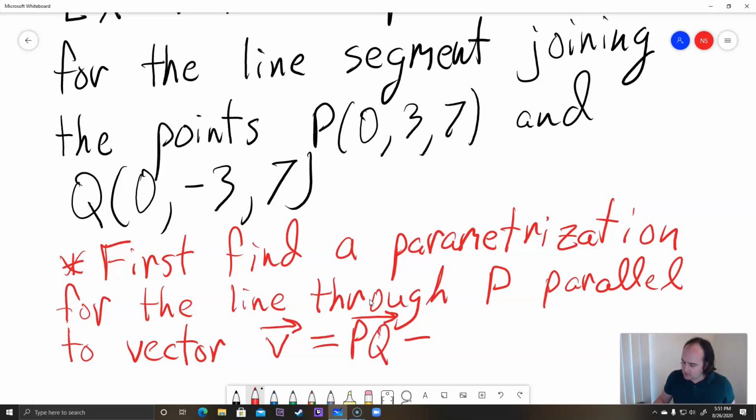Remember, PQ is really the same as vector Q minus vector P, written as position vectors.